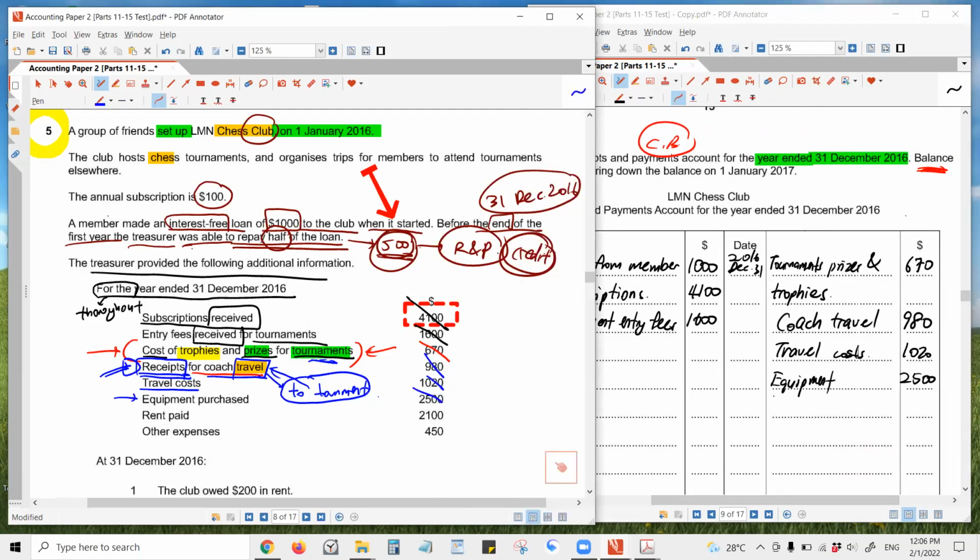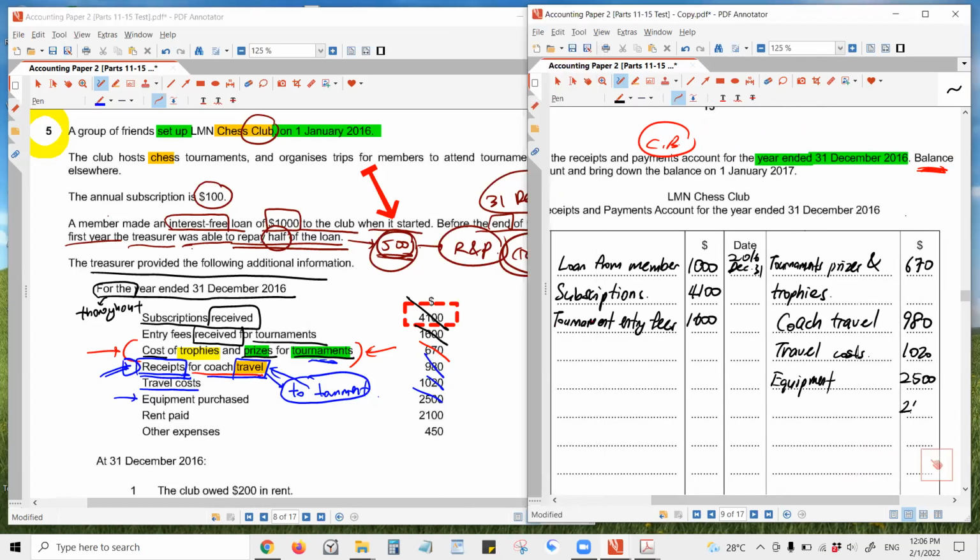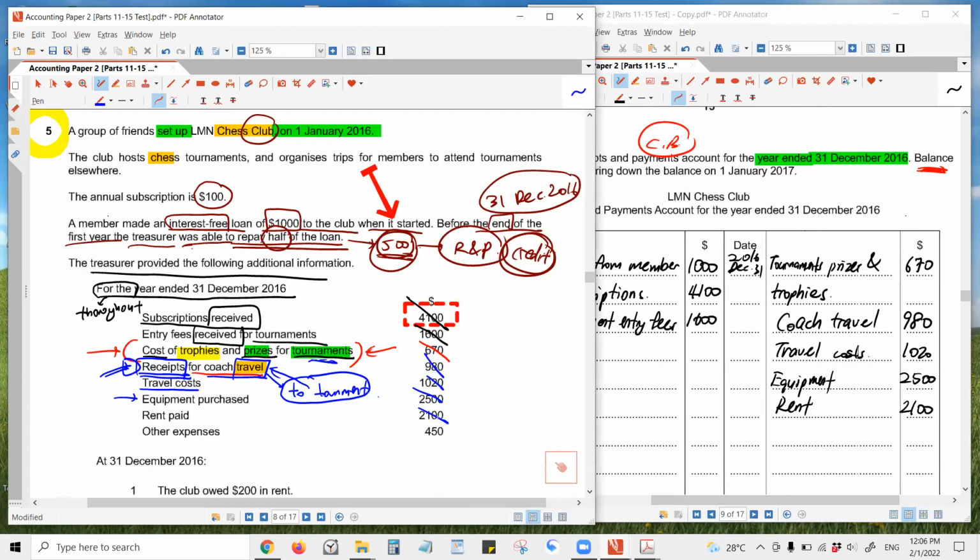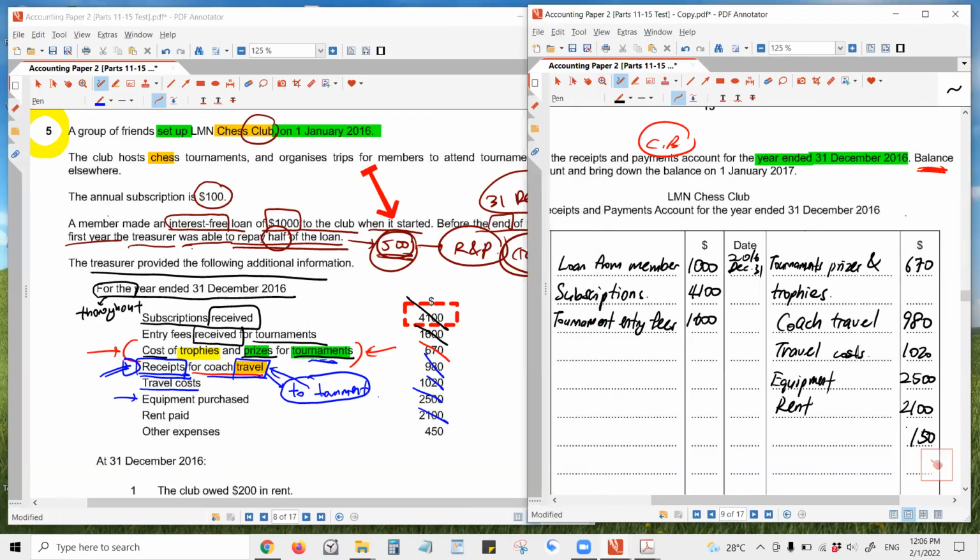Then rent paid, very obvious, $2,100. Write it here. Rent. Other expenses, 450. Other expenses, just copy and paste, even though we do not know the breakdown of it.